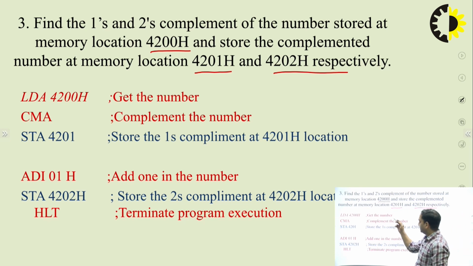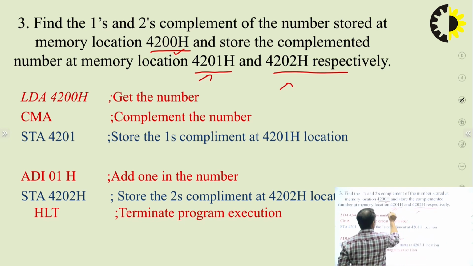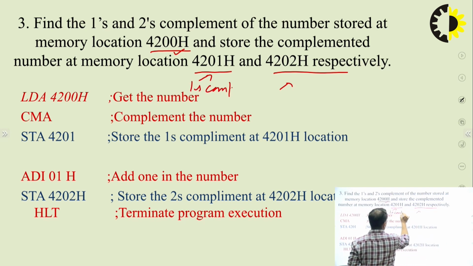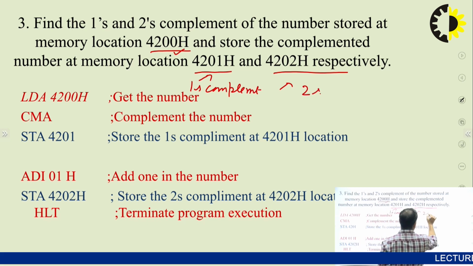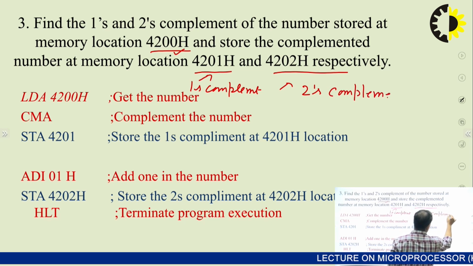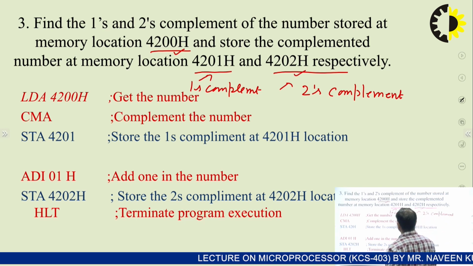The number we provide as input is at 4200, the ones complement of this number will be stored here, and the twos complement of this number will be stored here. So the ones complement will be stored in this memory location, and the twos complement at this memory location.